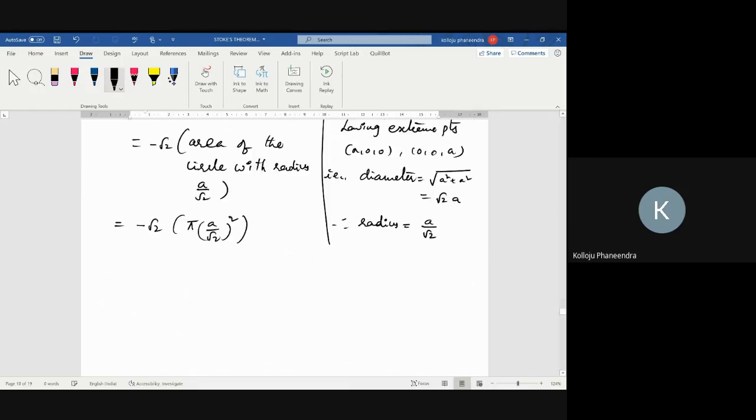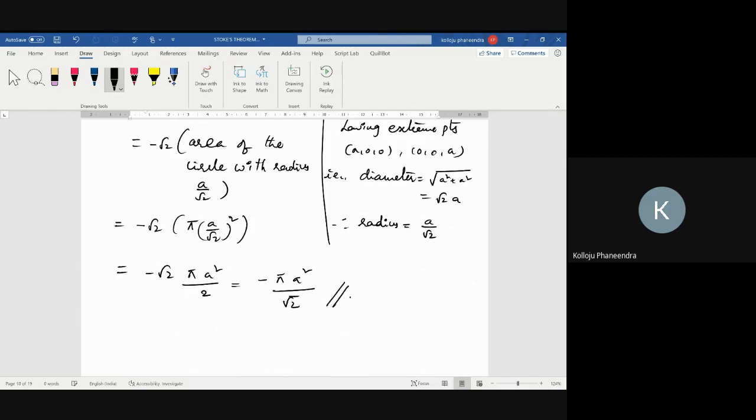So what does this become? Minus root 2 pi A square by 2. Not pi square, only pi. So minus pi A square by root 2.